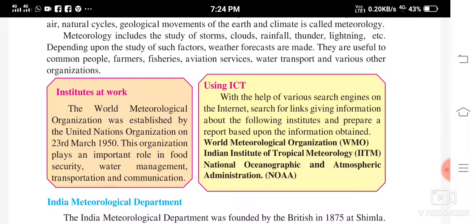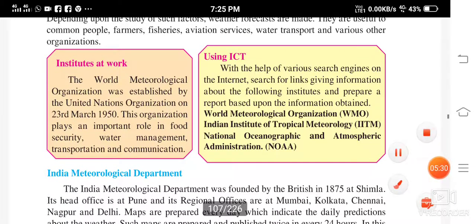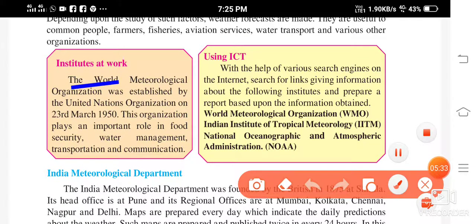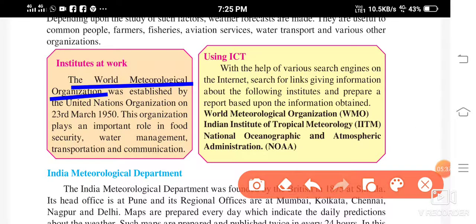Now, the institutions at work. The World Meteorological Organization was established by the United Nations Organization on 23rd March 1950. So see the World Meteorological Organization. This was established by whom?